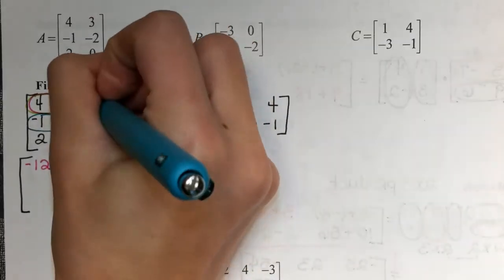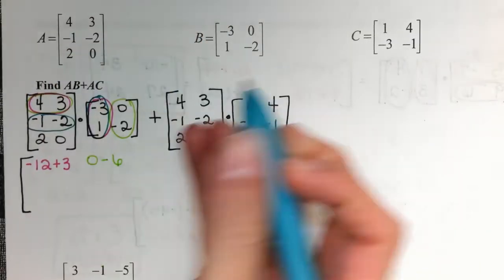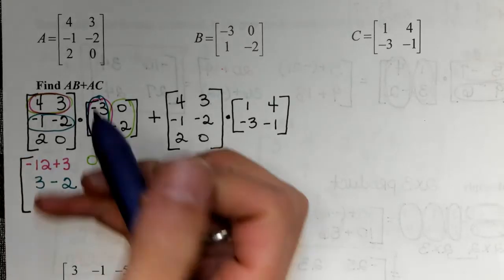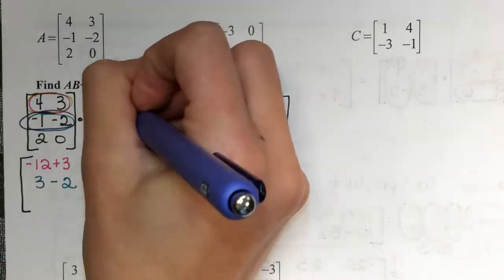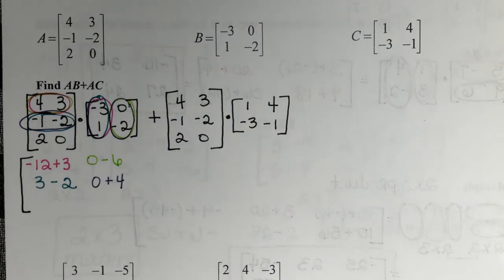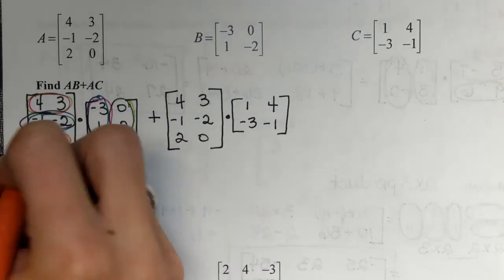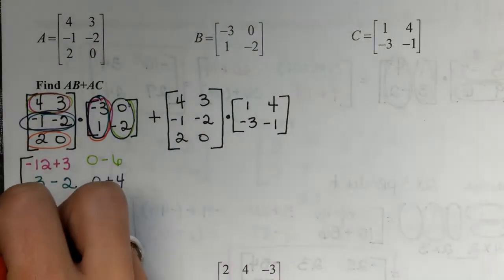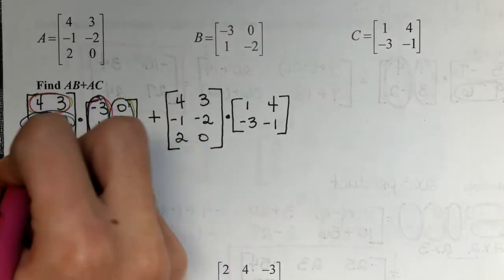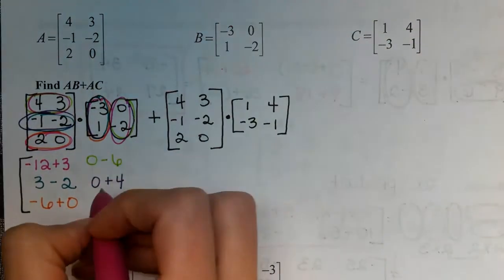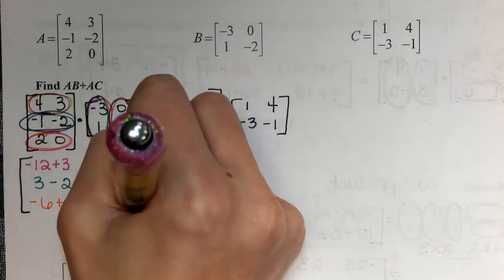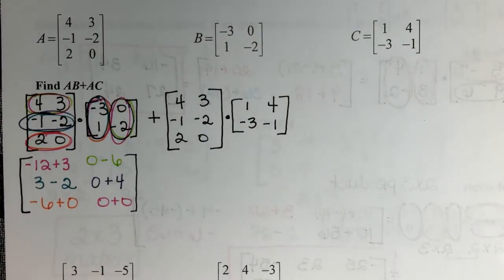Second row, first column. 3 minus 2. Second row, second column. 0 plus 4. Third row, first column. And then third row, second column. So once you get the pattern down, it really doesn't take that long.